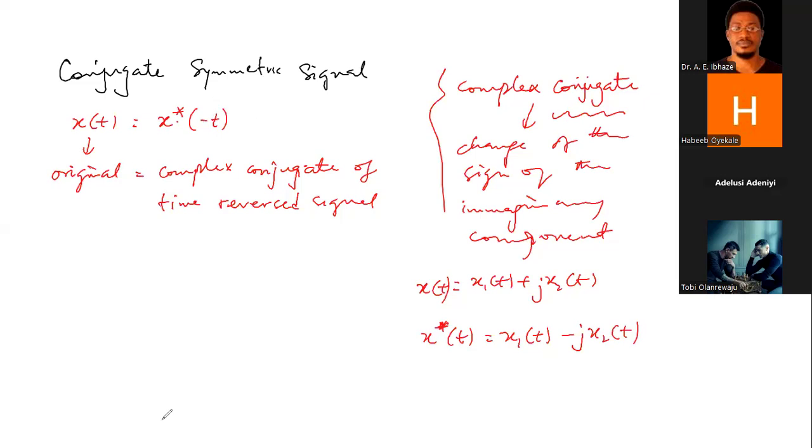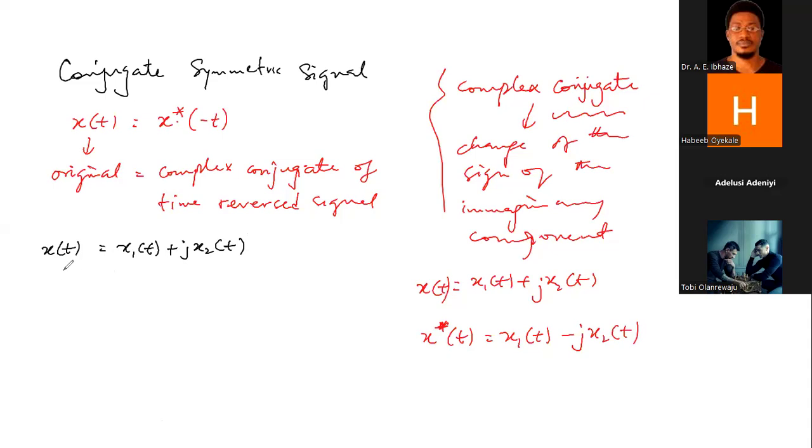So it means that when we have a signal S of t equal to S1 of t plus j S2 of t, we now want to perform the time reversal.